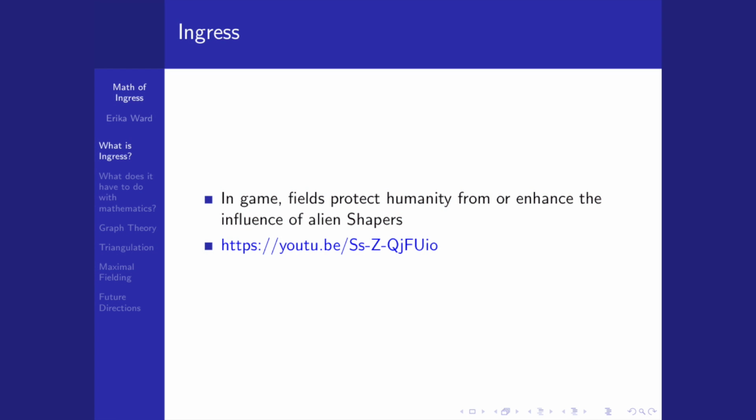In the game, the idea is that there are alien beings called shapers that have been interfering in or helping out humanity throughout our history. So the enlightened believe that they've been helping us, that they are supporting human creativity, that shaper influence is going to lead to the evolution of humanity.